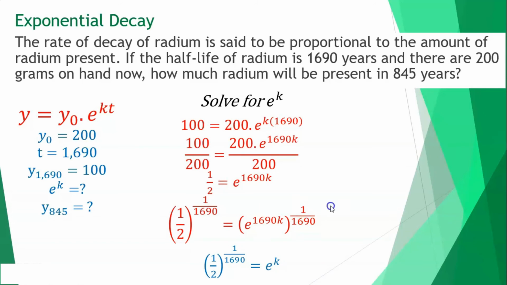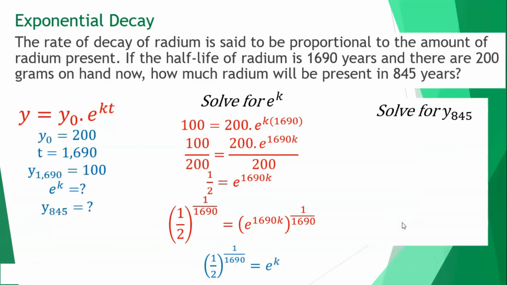Since our exponents here are equal, we can also cancel. So e to the power of k is equal to 1/2 to the power of 1 over 1,690 years. So solving for y of 845, y is equal to 200 times 1/2 to the power of 1 over 1,690. That's the value of our e to the power of k, then to the power of t.